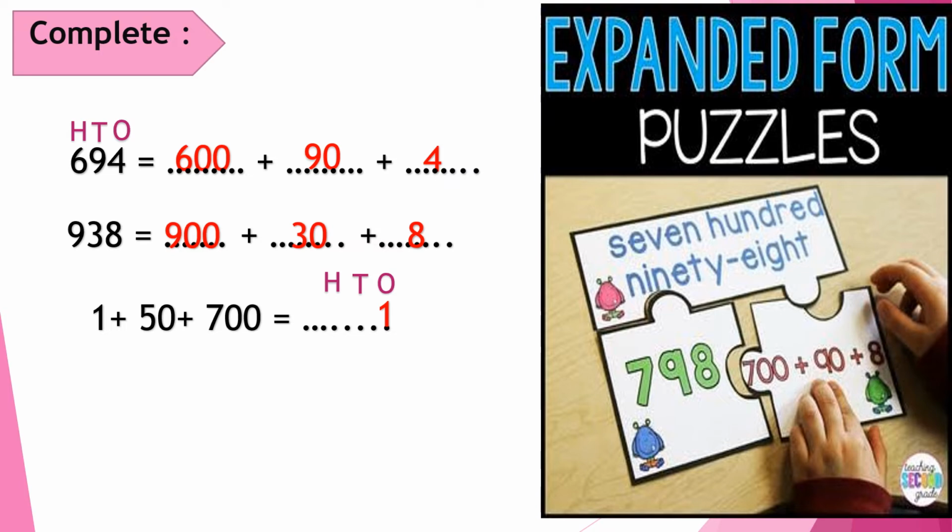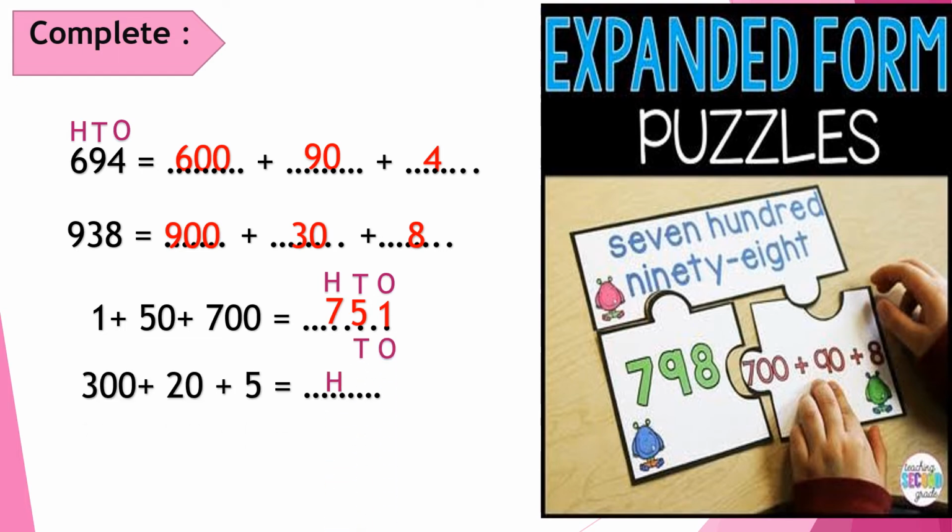So it belongs to tens. And I will put 5 in tens without any zeros. We just put 5 only. This 700, does it have any zeros? Yeah, it has 2 zeros. So it belongs to hundreds. Then I will put 7 in hundreds without any zeros.